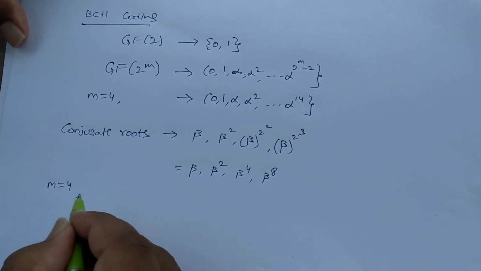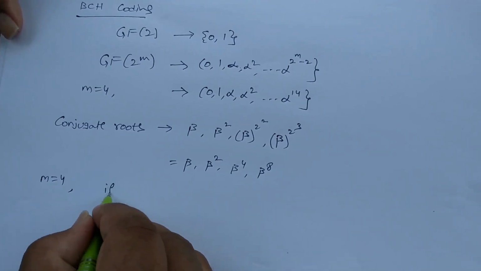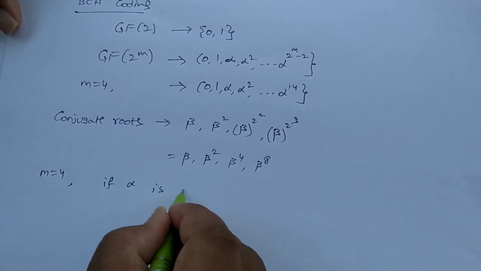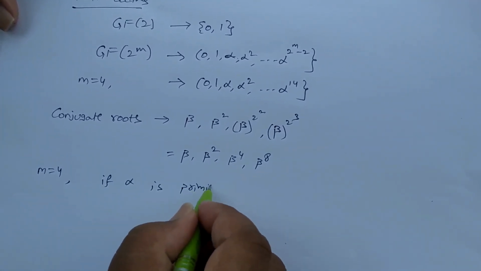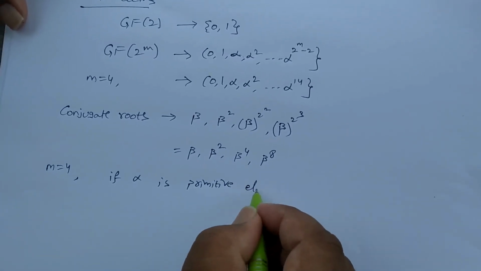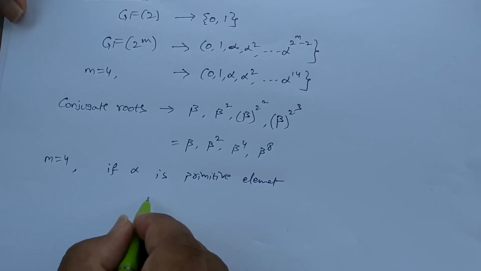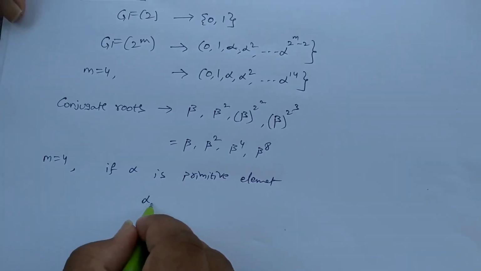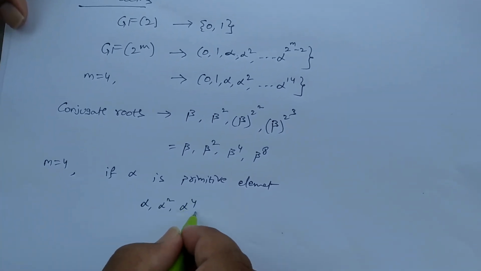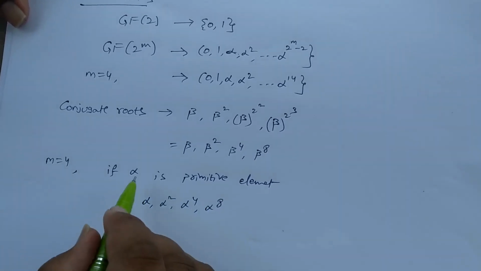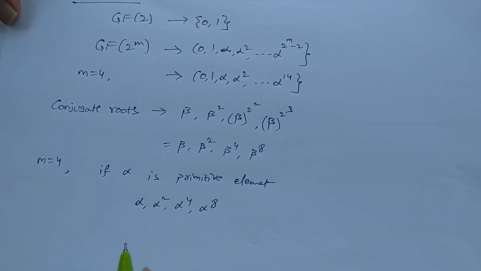I am doing all these calculations for m is equal to 4 only. If alpha is a primitive element, then the conjugate roots are obtained by substituting beta by alpha: alpha square, alpha power 4, alpha power 8. Then I will take another example.